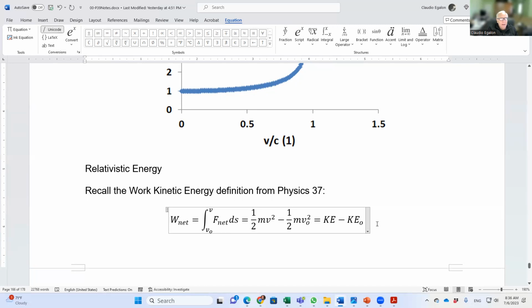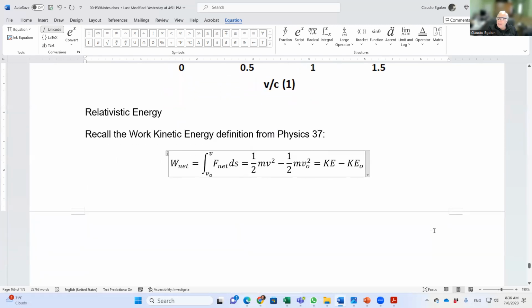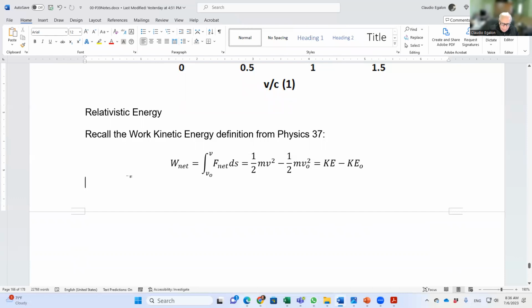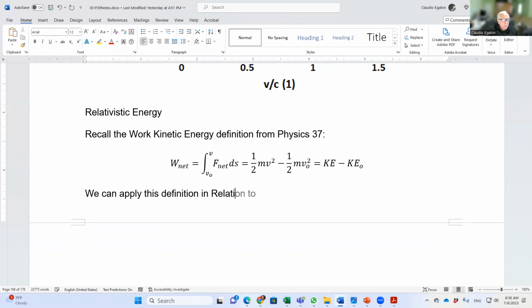Like that. Final kinetic energy minus initial kinetic energy. We can apply this definition in relativity and figure out what happens at the end.